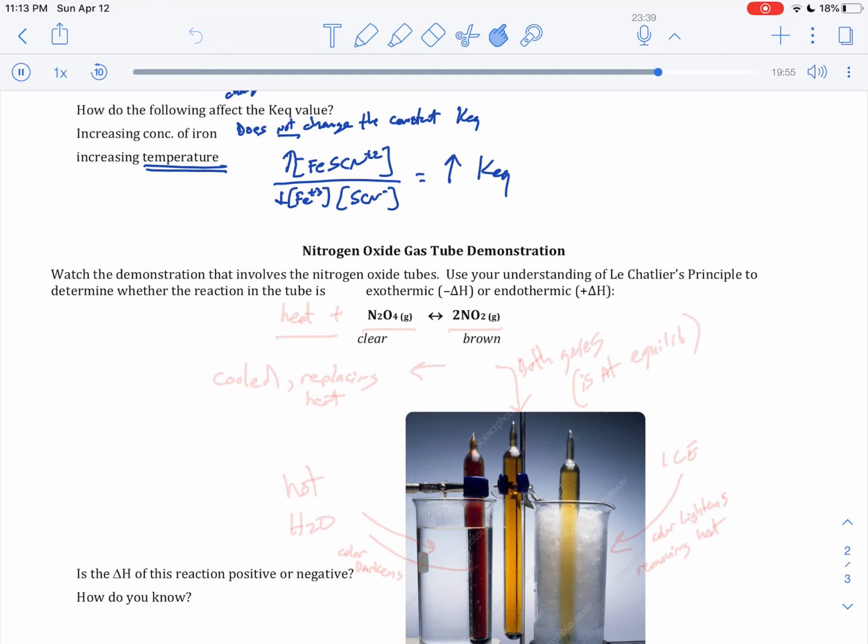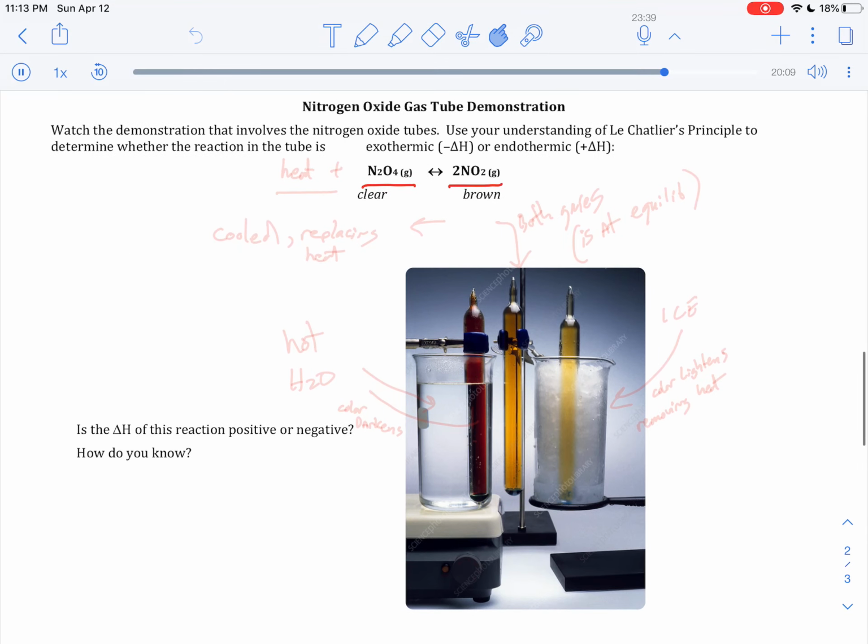All right. So, a demonstration that we would have done is with nitrogen oxide tubes. The reaction for nitrogen oxide is given here. We start off with a tube that contains two gases in equilibrium. They are N2O4, which is a clear, invisible gas, and NO2, which is a brown gas.